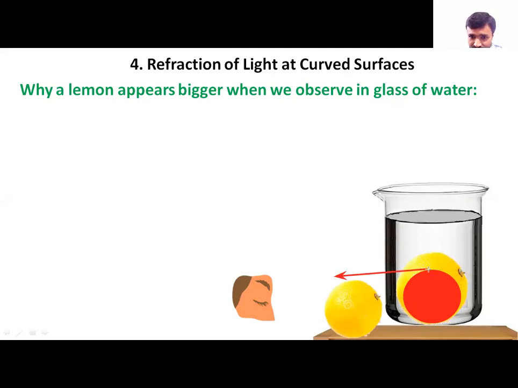Through an empty glass, you are receiving the light ray directly towards your eye, from the top and bottom. But when water is added, you are receiving the light ray from a different spot. But actually there is no lemon there.